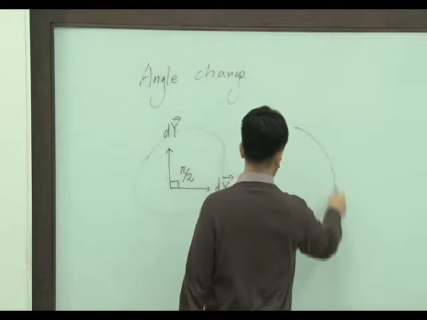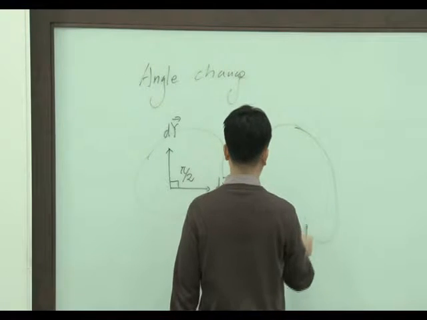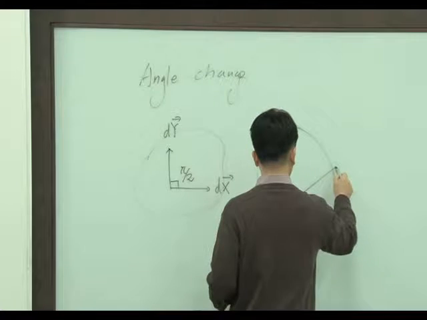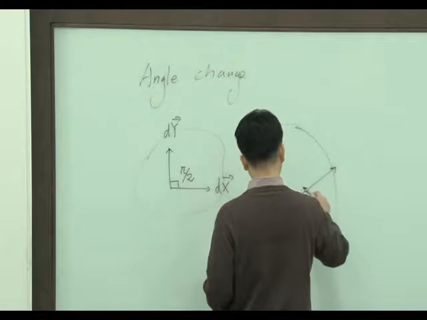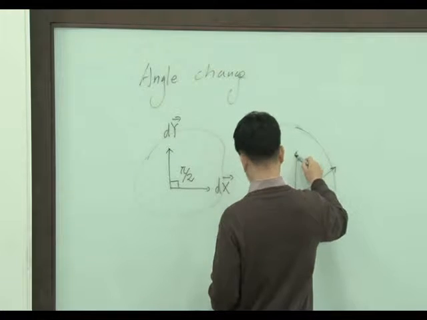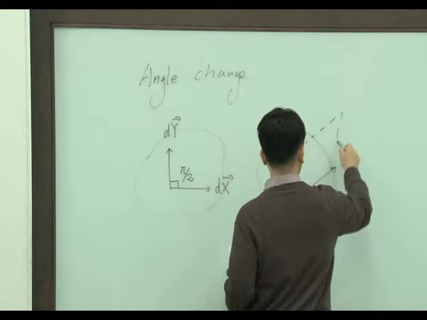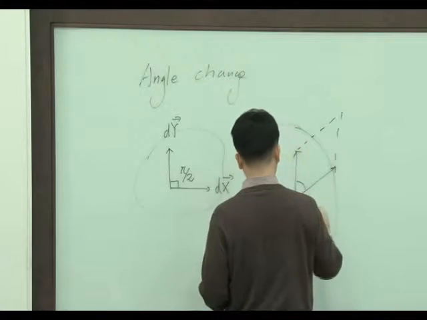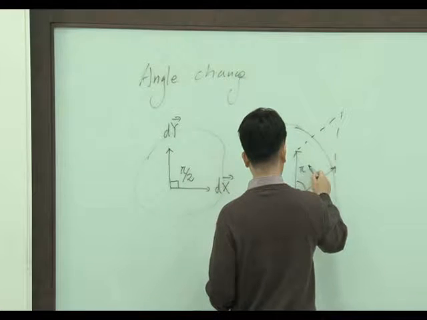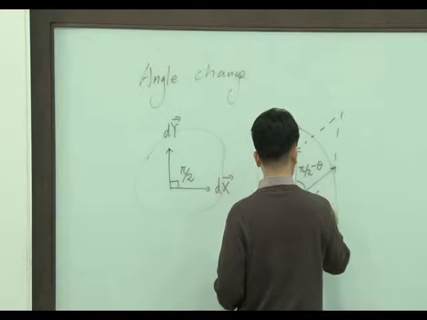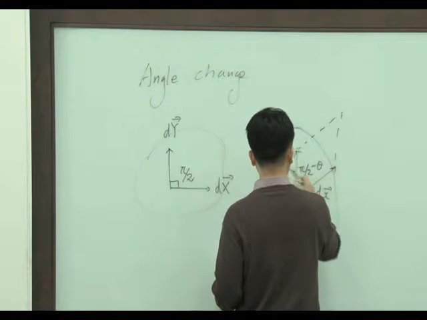In the deformed configuration, both vectors will change their direction, something like that. Its angle is changing: pi over 2 minus theta, let's say, for dx, dy.